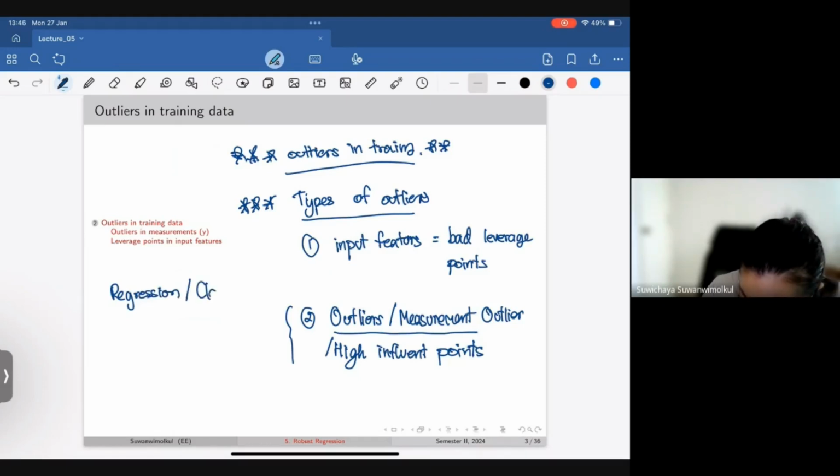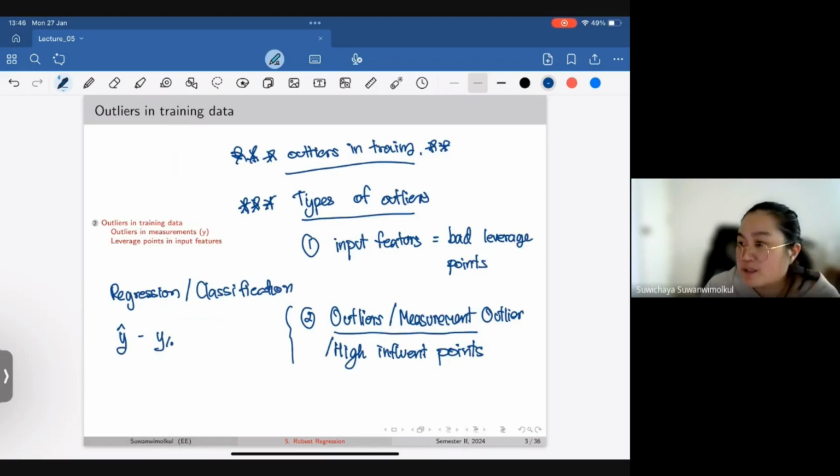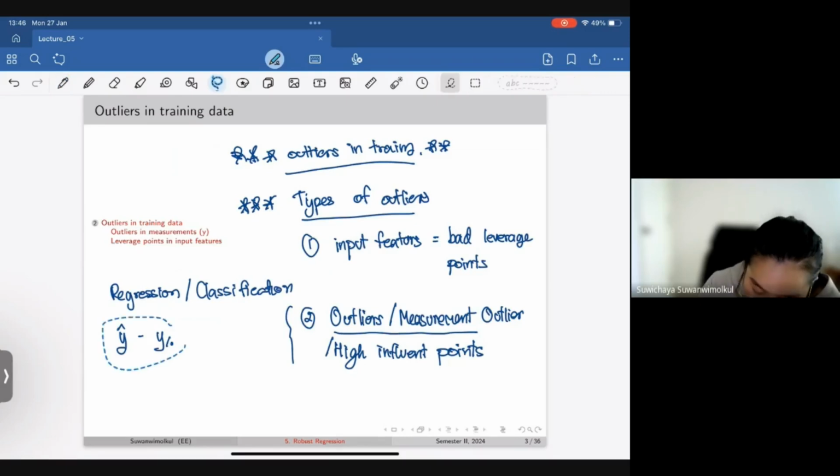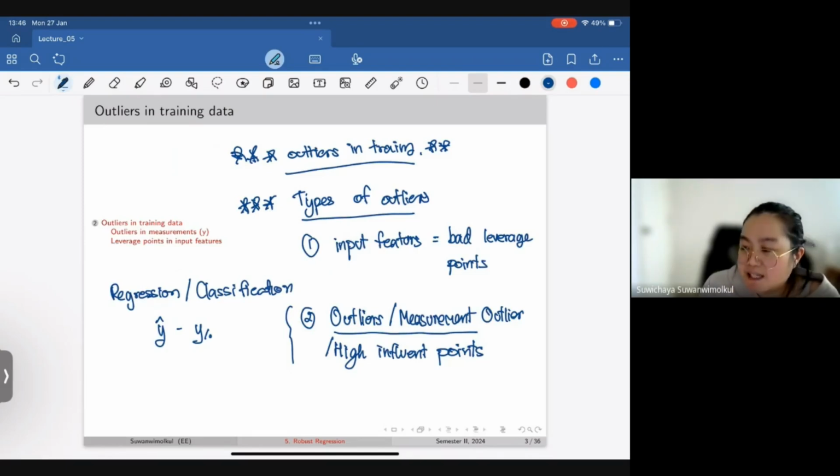The outliers may be something that makes your prediction y hat different from the ground truth, y or y0. And for regression and classification tasks, the outlier could be easily diagnosed because, let's say, if your regression output is only a scalar, then the outlier is just a scalar value.